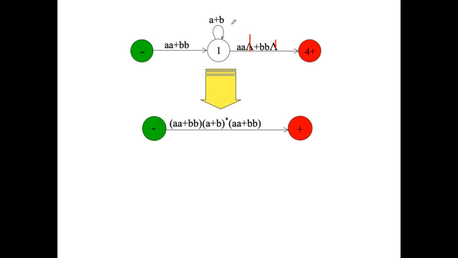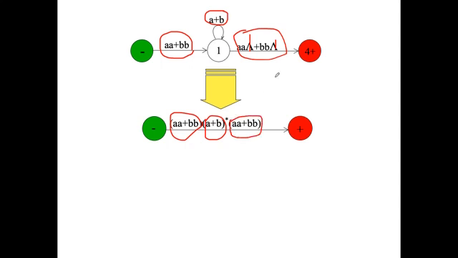Now let's try to remove state number 1. We have this label as a loop, and this label. So this label is double A plus double B, this label as a loop is (a plus b) whole star, and double a plus double b at the end, and we have one initial state and one final state.